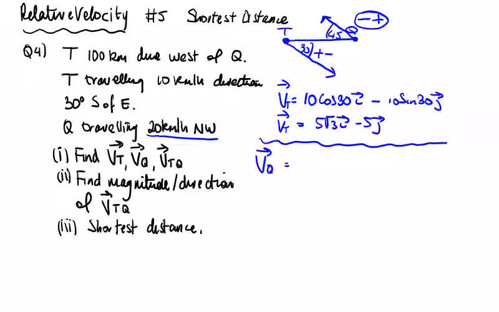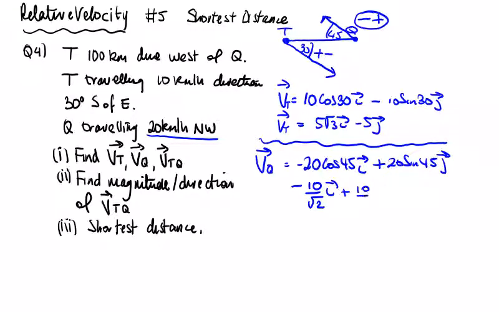So we have minus 20 by the cos of 45 in the I direction, plus 20 sine 45 in the J direction, and that's going to be minus 10 over root 2 in the I direction, and then plus 10 over root 2 in the J direction.